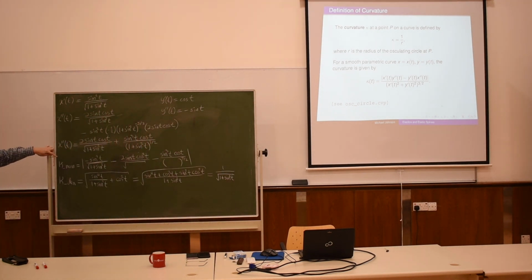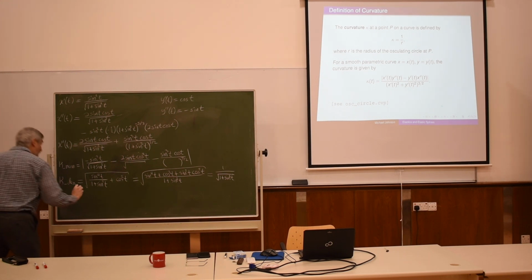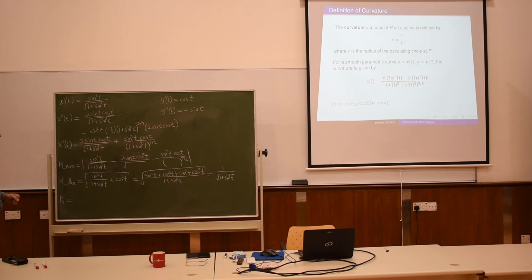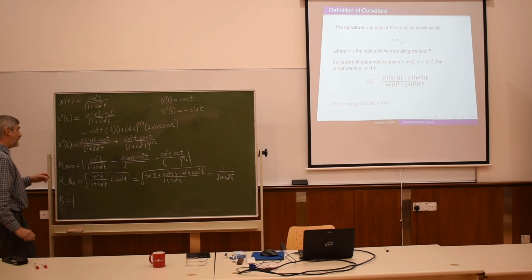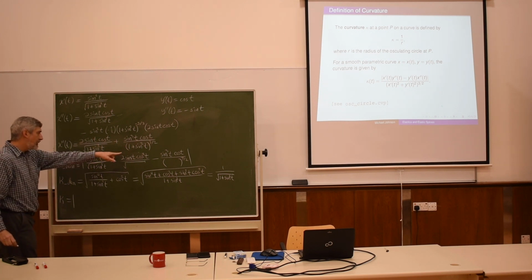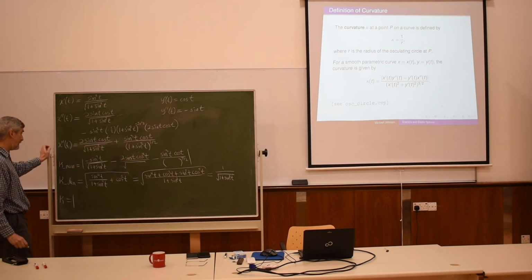And so we have to do the kappa numerator divided by kappa denominator to get kappa. So the absolute value, I can just get rid of all the minus signs there and make everything positive.